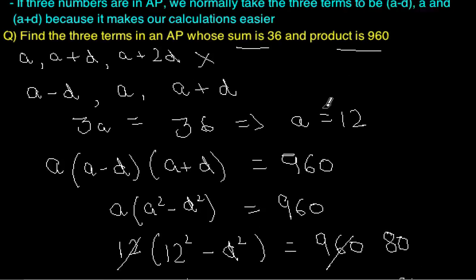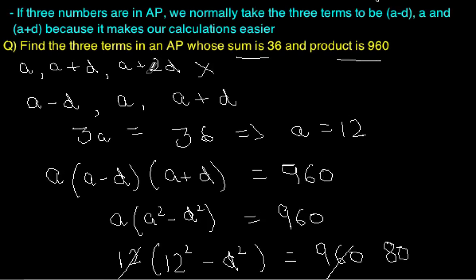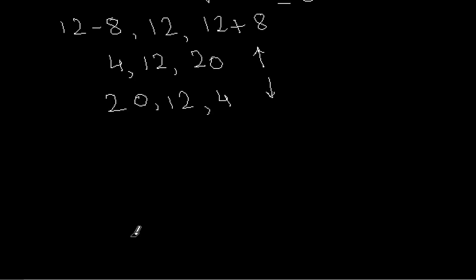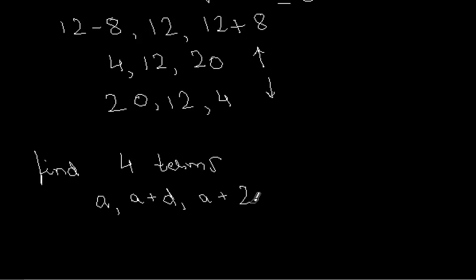So whenever we are asked to find three terms, instead of taking the usual form, we normally take these to make our computations easy. Similarly, suppose we are told to find four terms in some particular cases. So instead of taking A, A plus D, A plus 2D and A plus 3D, we don't do that because the calculations will be really tough.